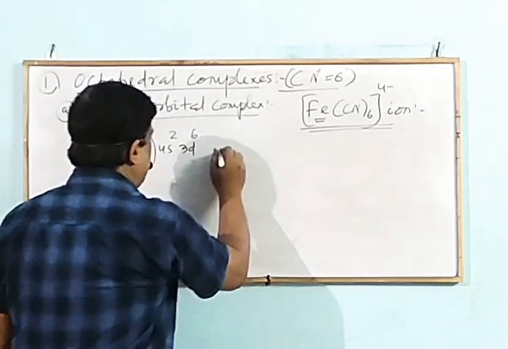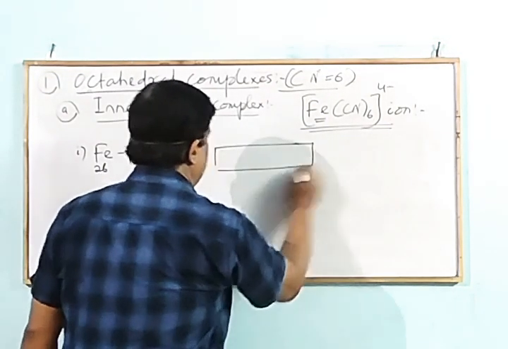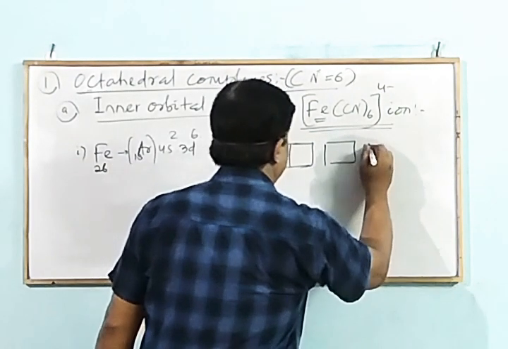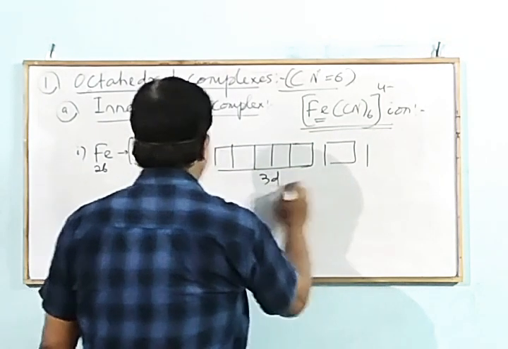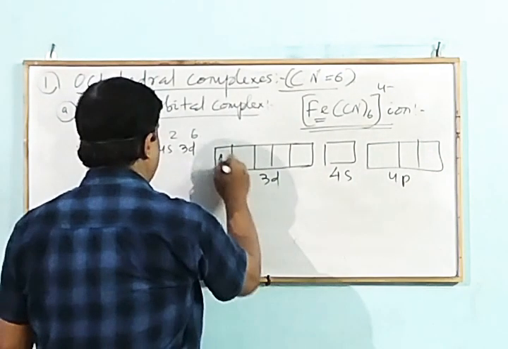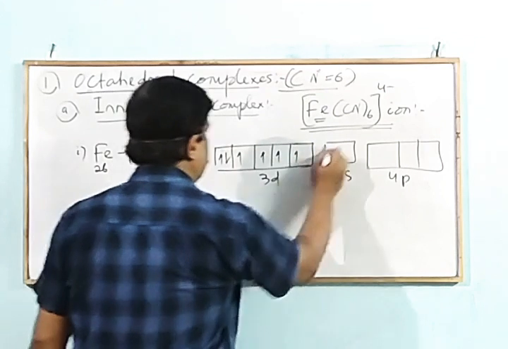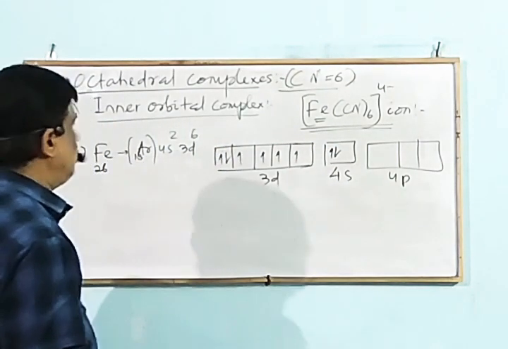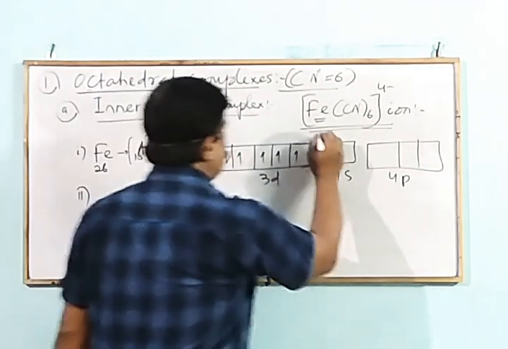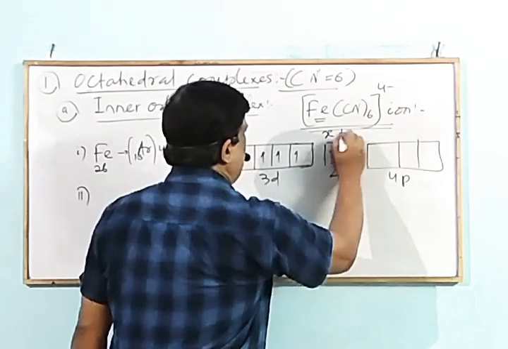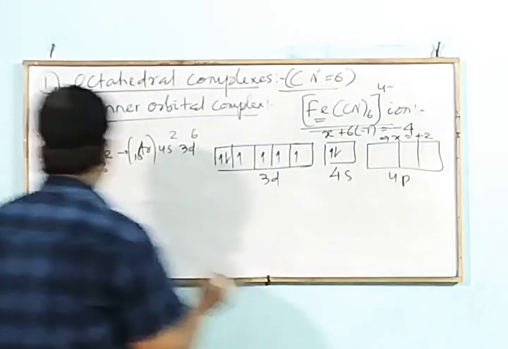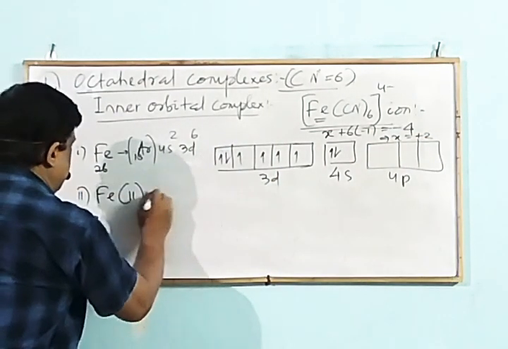Mark that. It is 3d, 4s, 4p. Now if we calculate the oxidation number, it is x plus 6 into minus 1 is equal to minus 4, indicating that x is equal to plus 2. So iron is now in plus 2 oxidation state.